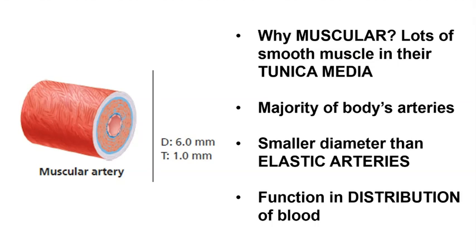Blood pressure is generally lower as blood moves further from the heart, so elastic recoil isn't particularly useful in these arteries. At about 6 millimeters in diameter, which is roughly 1/4 of an inch, they are much smaller in diameter than the elastic arteries, and they tend to function in vasoconstriction, which controls blood pressure.